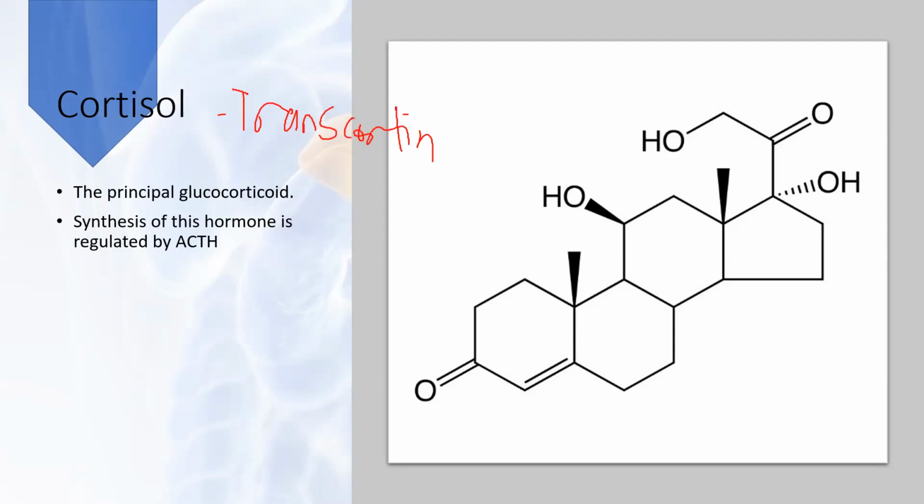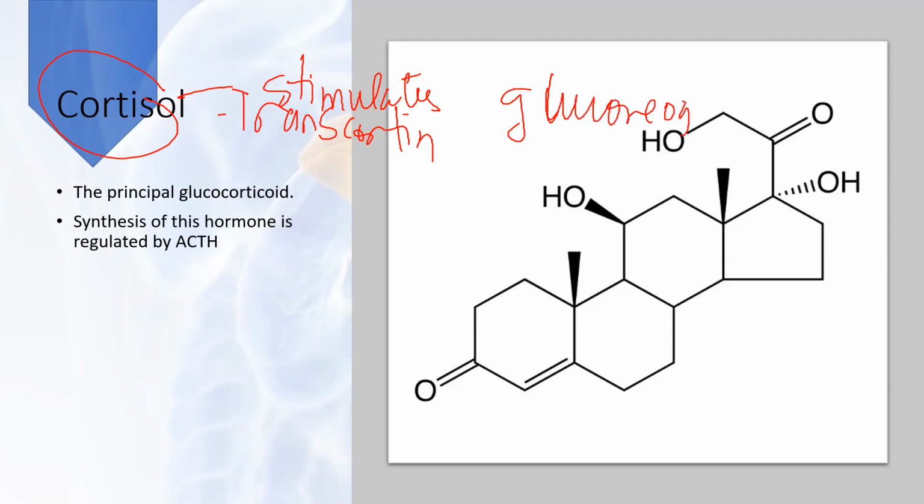Again, our cortisol is mostly bound to the glycoprotein which is your transcortin. Remember, like what we said, cortisol stimulates gluconeogenesis in our liver.